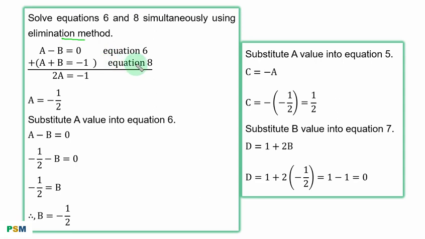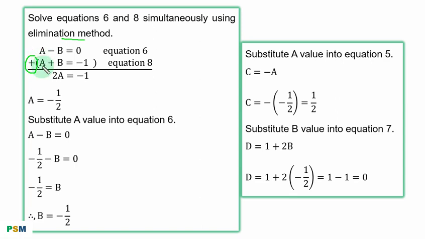I want to eliminate variable b since the coefficients are the same and the signs are opposite in both equations, I need to add.